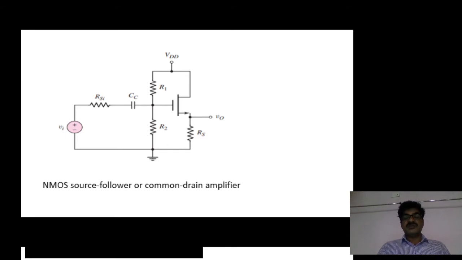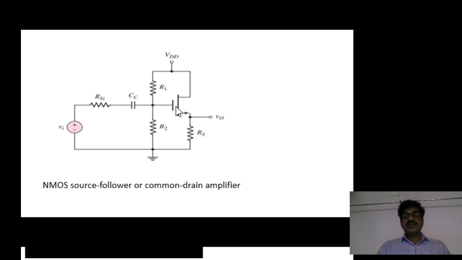If you consider the output from the source and input at the gate, that is rated as the common drain amplifier. Even though it looks like common source, since the output is taken from the source terminal, it is a common drain amplifier.